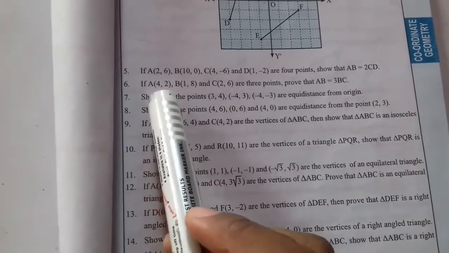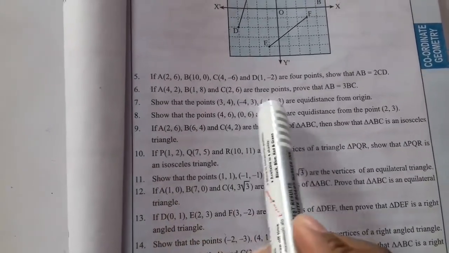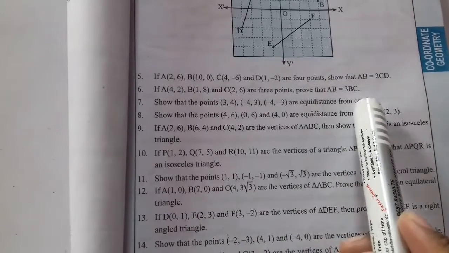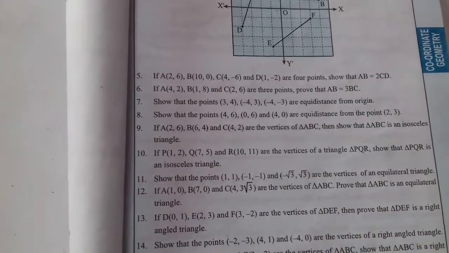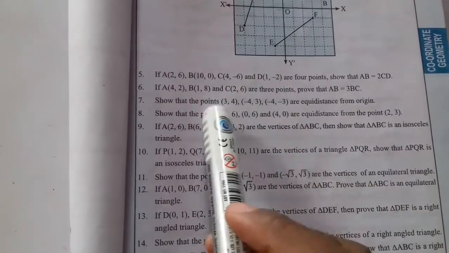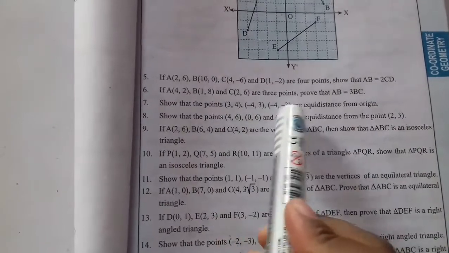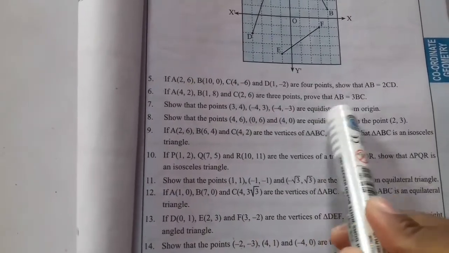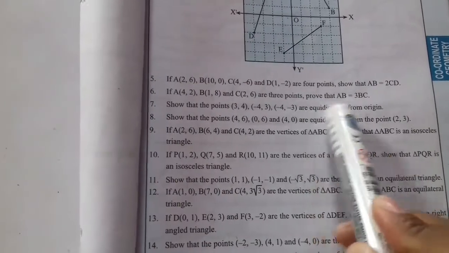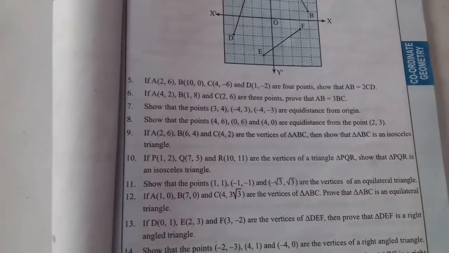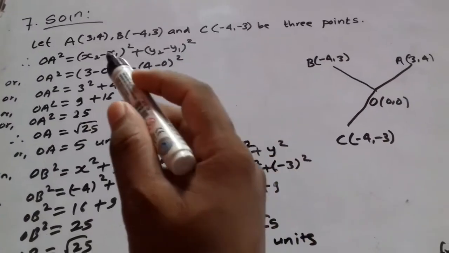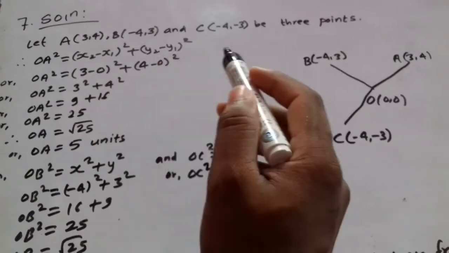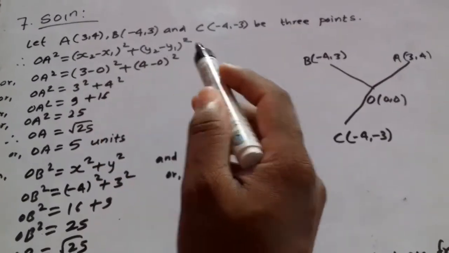Question number 7 is, show that these three points are equidistant from the origin. It means these 3 points are at equal distance from the origin. The meaning of equidistant is at equal distance. In the given question, only the coordinates are given.